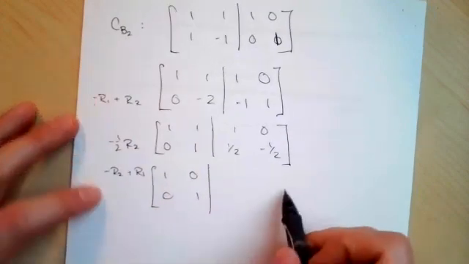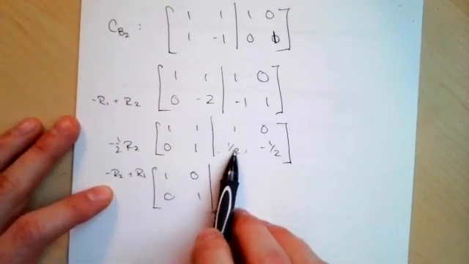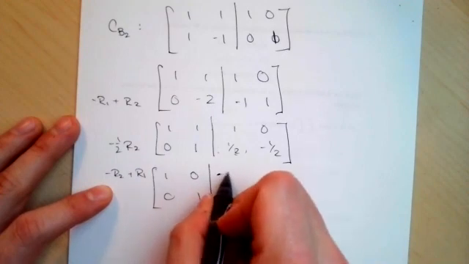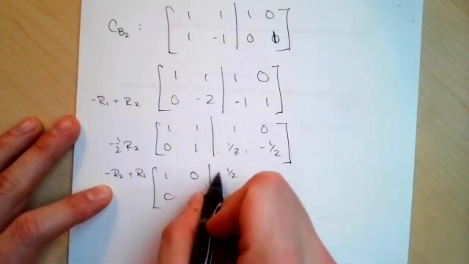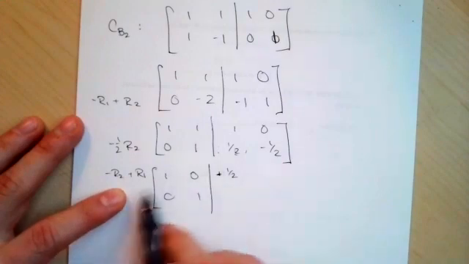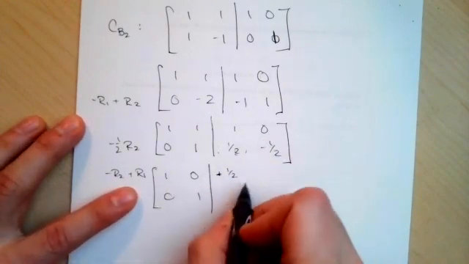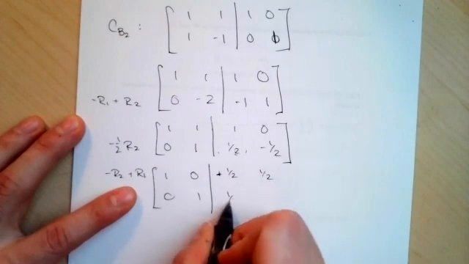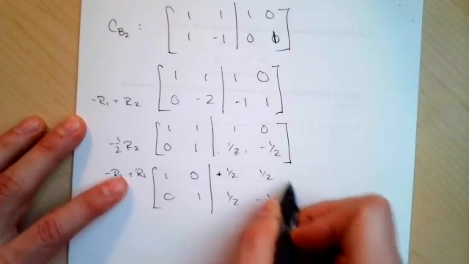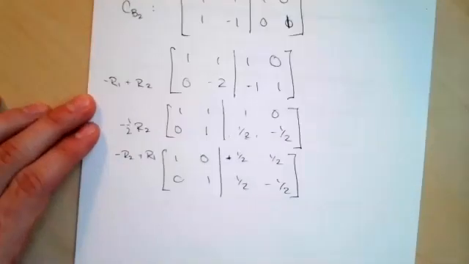And now what do we get? So if I have negative 1/2 plus 1, that will give us positive 1/2 here. And then positive 1/2 plus row 1 will give us a positive 1/2 again. So there's our matrix.